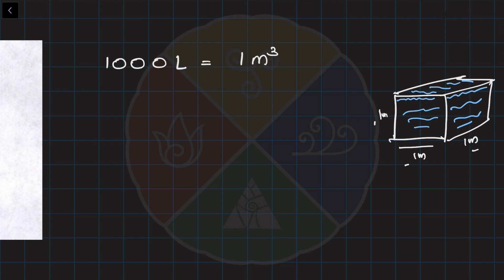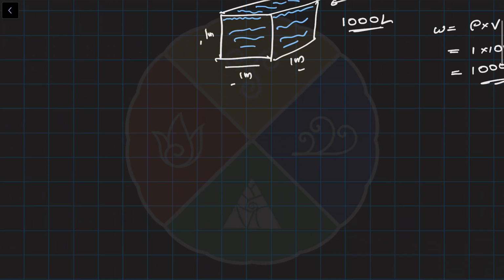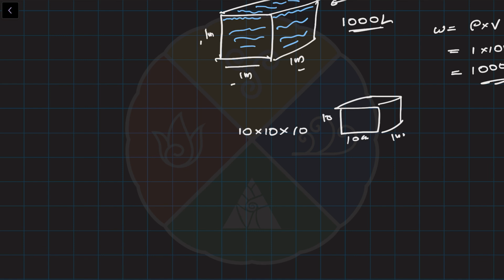Anyway, 1000 liters is 1 meter cube. From this we can also come to one more conclusion. Imagine I have a smaller box, say 10 centimeter, 10 into 10 into 10. 10 centimeter is as small as one small scale; our scales are 15 centimeter, so this could be held in your hand.